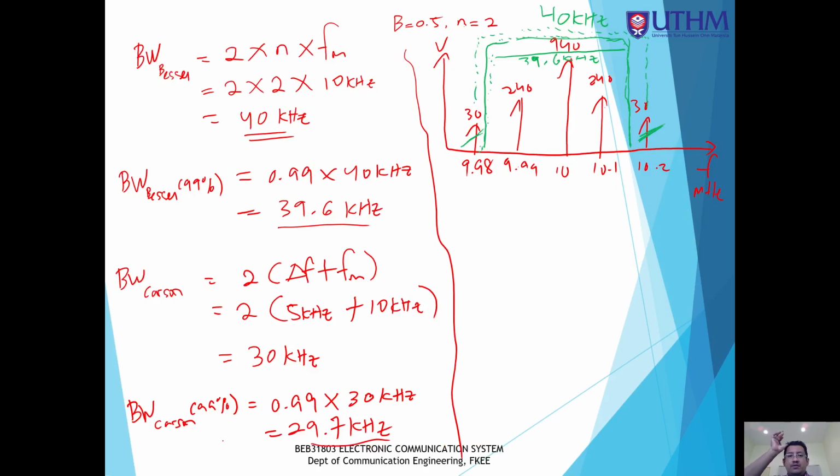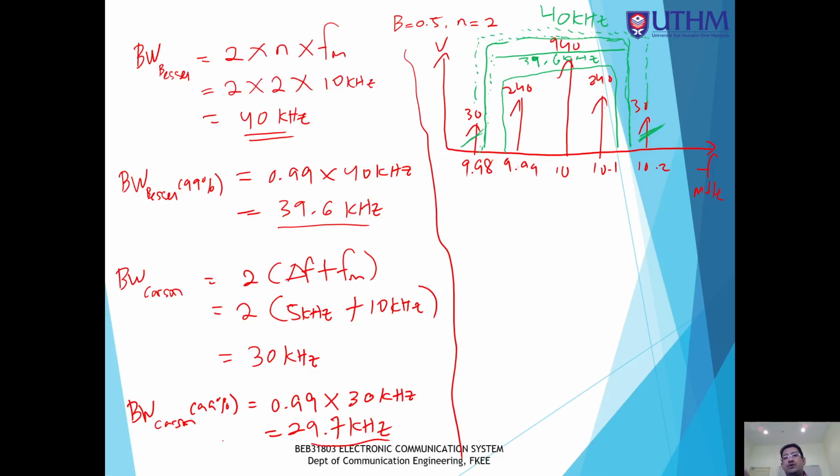In this case, it doesn't matter whether you use 99% of Bessel or 99% of Carson. If it is 99% of Carson, the bandwidth becomes smaller over here. Again, the smaller sideband also will be cut off.